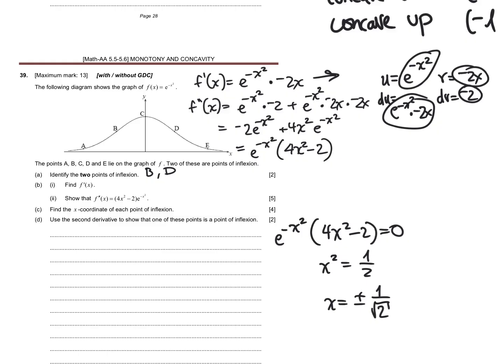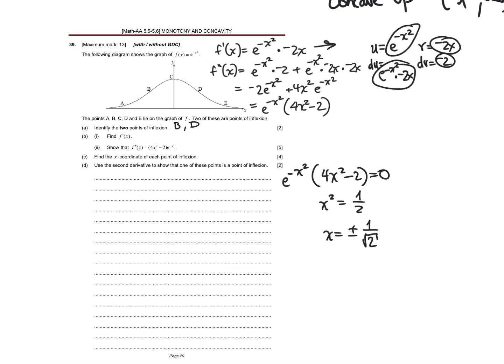So that's C. Use the second derivative to show that one of these is a point of inflection. Okay, so we're going to have negative 1 over root 2, and we're going to have 1 over root 2. So our test point in the middle is 0, and then if you don't know what 1 over root 2 is, just pick something larger like 4.